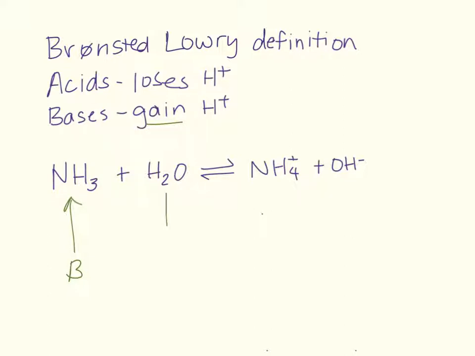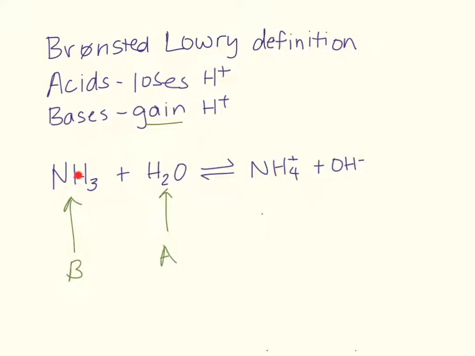So water here, we look at that on this side of the reaction, and then over here, it's lost a proton. So that means this is an acid. Now, with Bronsted Lowry acids and bases, we can look at the other side of the reaction and determine what it is.